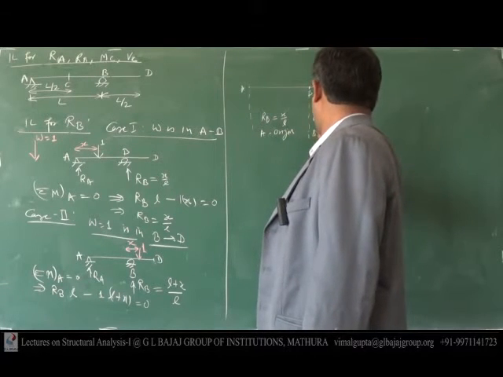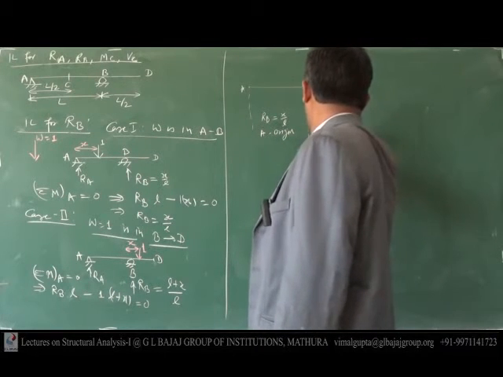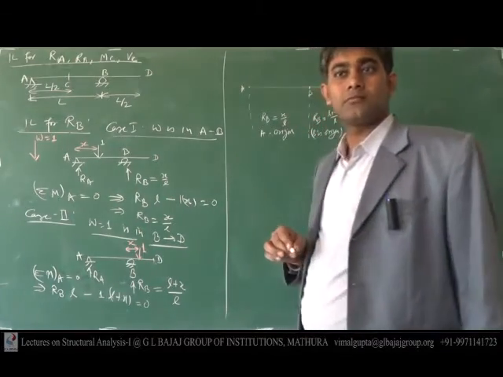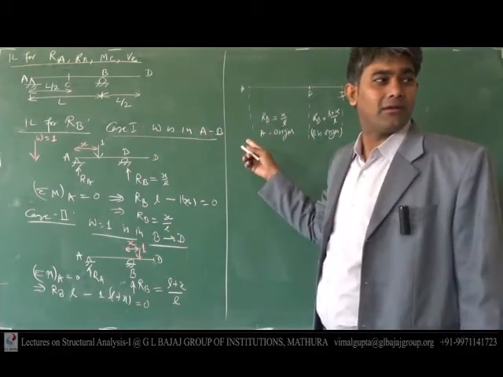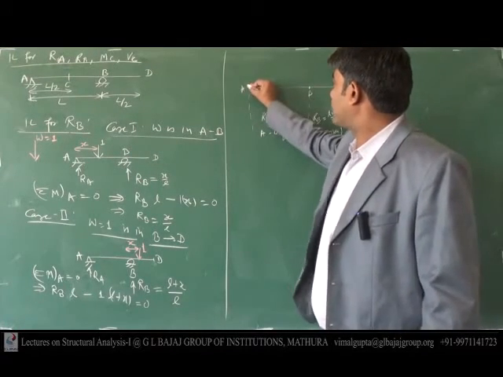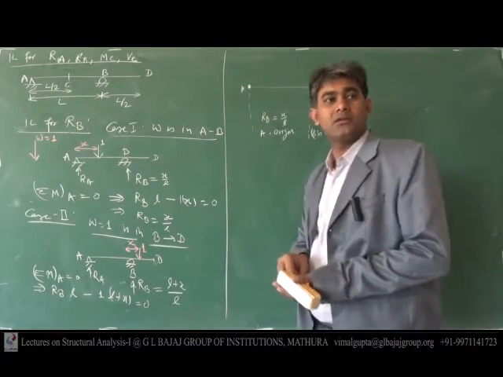So when value of x is 0, what will be the value of RB? 0. So we got this point.